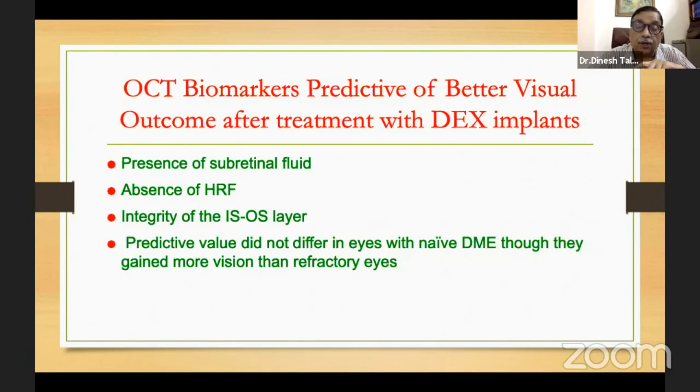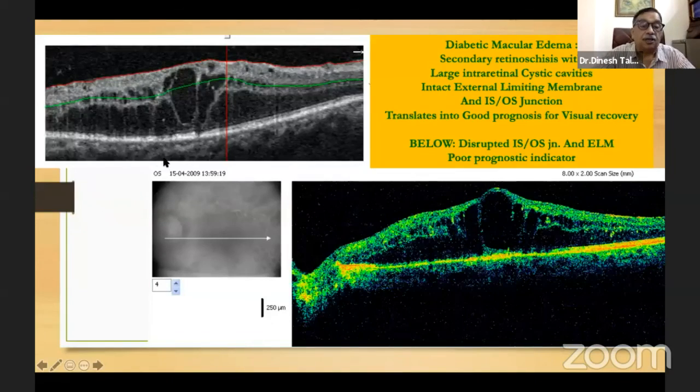And the predictive value did not vary whether they were treatment-naive DME patients, but the vision response was better than in refractory eyes. Now here you see two eyes, both have a lot of cystic cavities, but in this one, you have an intact ISOS junction and a partly intact external limiting membrane. Visual prognosis was good. Here they were all disrupted and the patient did not do well.